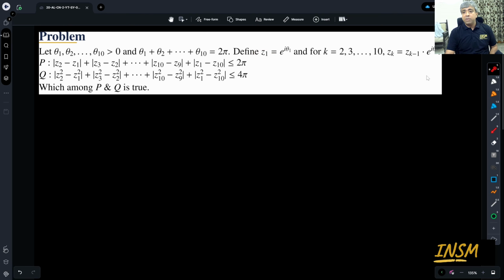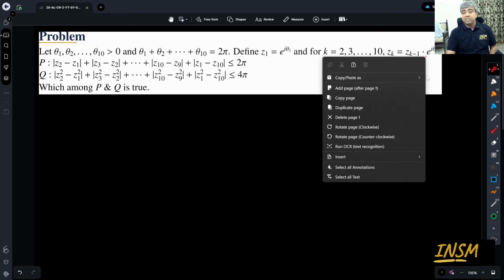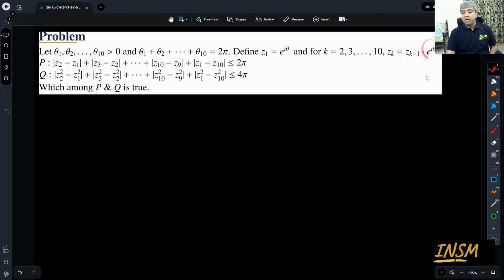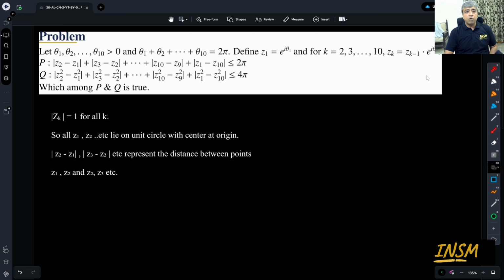Similarly, z2 would be z1 multiplied by this, and the mod of this part is also 1. So mod of z2, z3, everything will be 1. Since mod of all zk is 1, they will lie on a unit circle with center at origin.